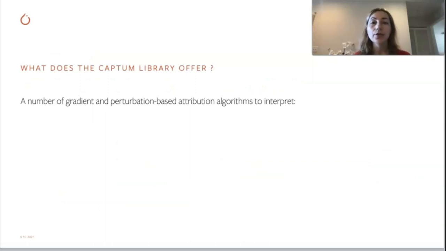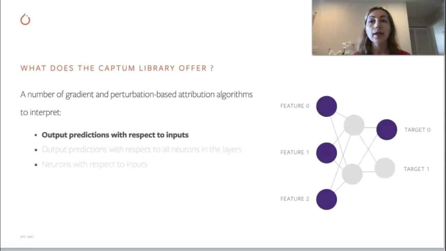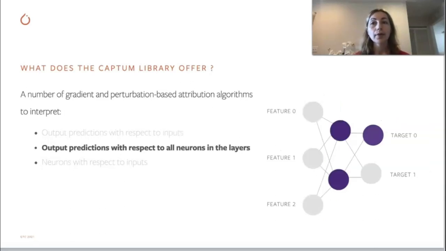The latest open source release of the library is 0.3.1, and it offers a number of gradient and perturbation-based attribution algorithms and evaluation metrics. The attribution algorithms can be grouped into three categories. The first category of attribution algorithms helps us to attribute output predictions to the inputs of the model. The second group of the attribution algorithms allows us to attribute output predictions to all neurons in an internal layer.